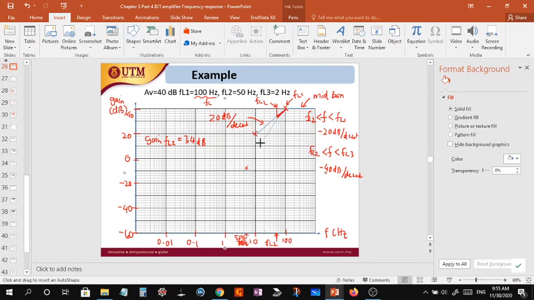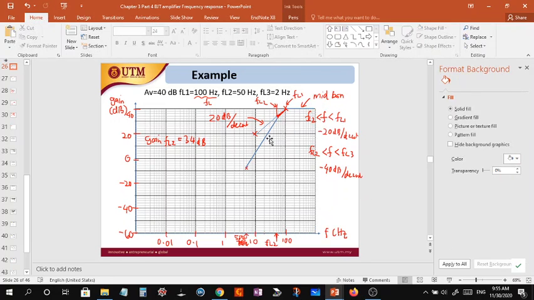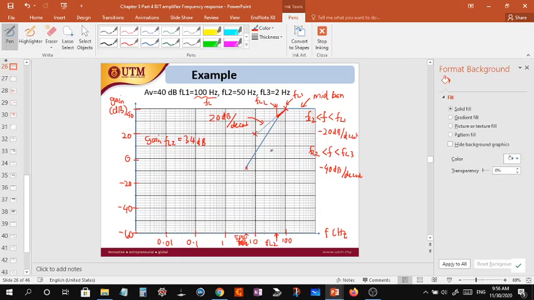And then starting from this one to this one, this is your minus 40 dB per decade.